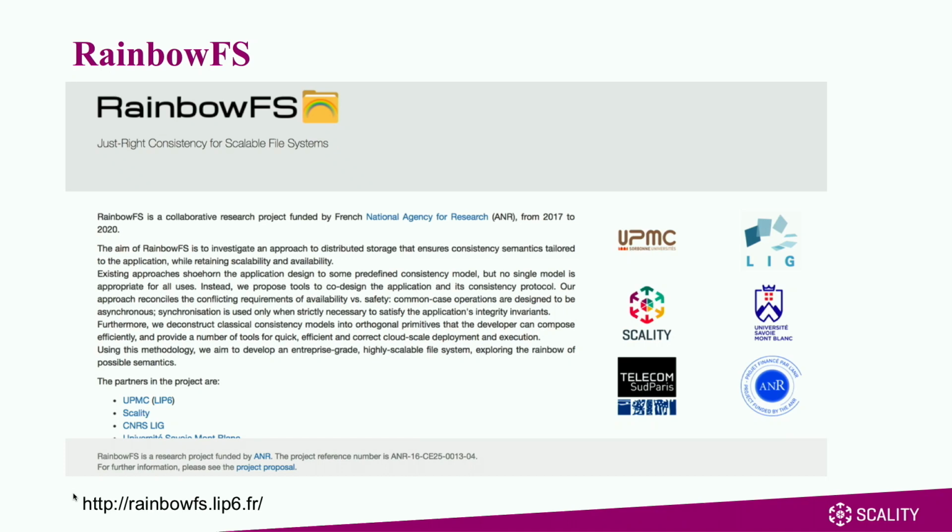The concept of Rainbow FS is you have red consistency, which is full consistency, blue consistency, which is eventual consistency, and being able to have a system that's somewhere in the right place in the middle for a distributed system.